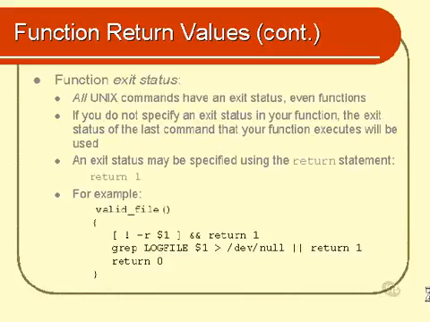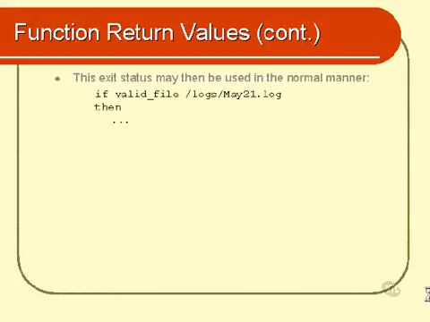So this little validFile function can be used in the following way. We can say if validFile and then specify the file name that we want to test, so then we can read that as saying if made21.log is a valid file, then da da da da da, and do some particular processing there.